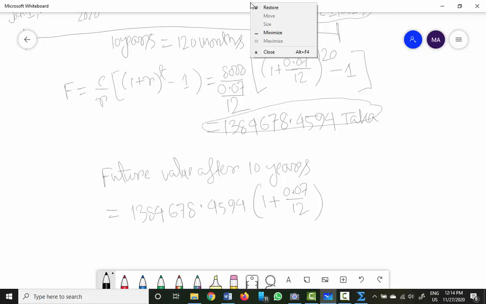The power is 1, because we need to move 1 month forward.